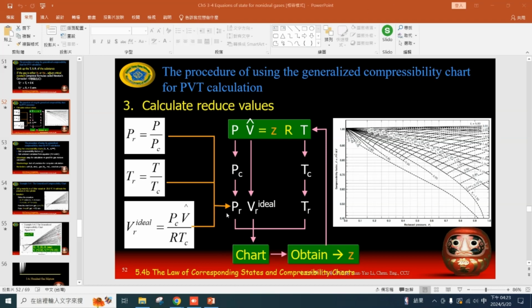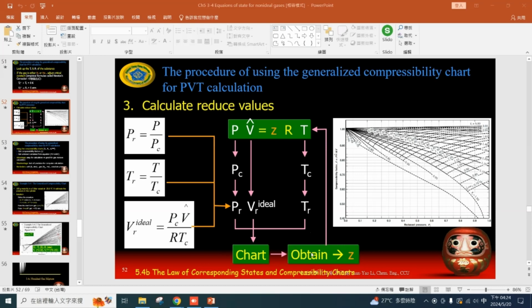So basically, I will give you two of these: pressure, temperature, or volume, so that you will get two of these: PR or TR, or PR or VR, or TR or VR. So you can get these two, and then use this chart to find the compressibility factor.